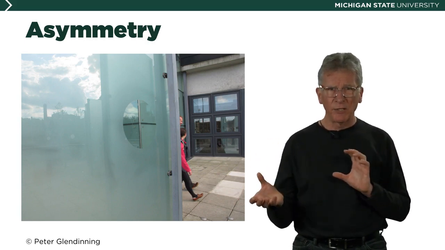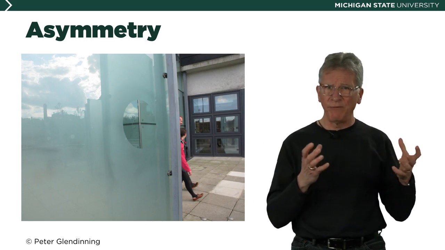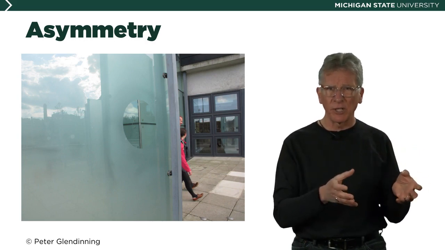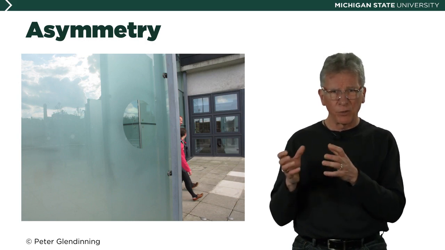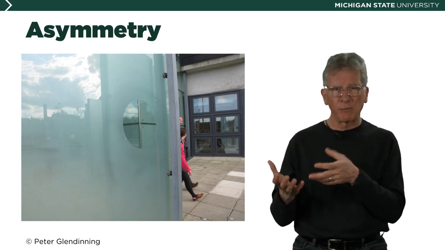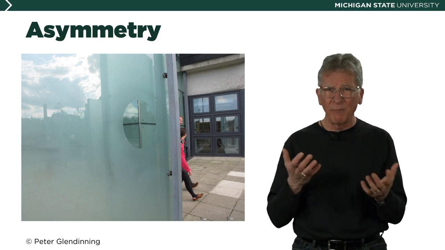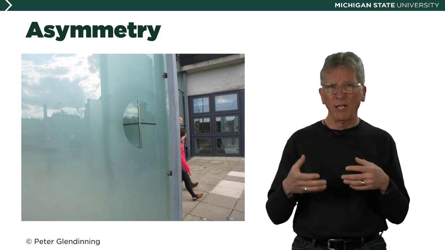It feels balanced because there's visual weight, there's visual interest in the glass wall, and there's also visual weight, there's visual interest in the space beyond the wall, and both of them balance each other out fairly well to most people.